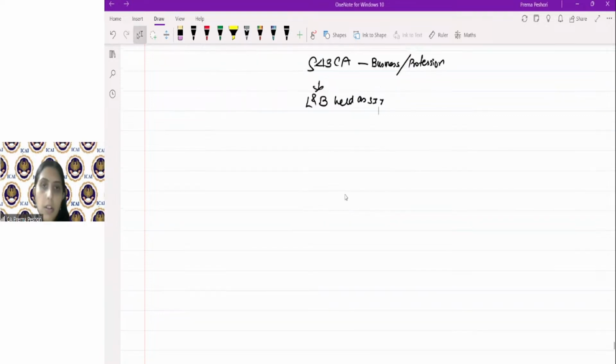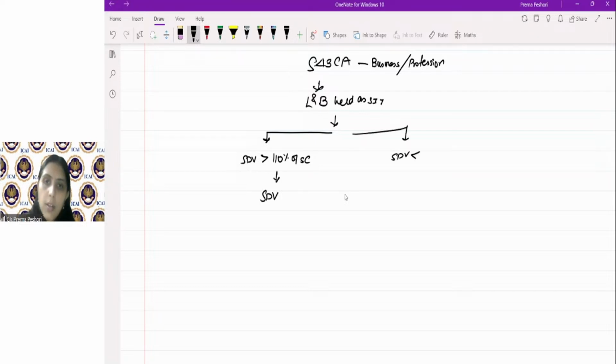So same principle here. There is an exception which is provided over there.